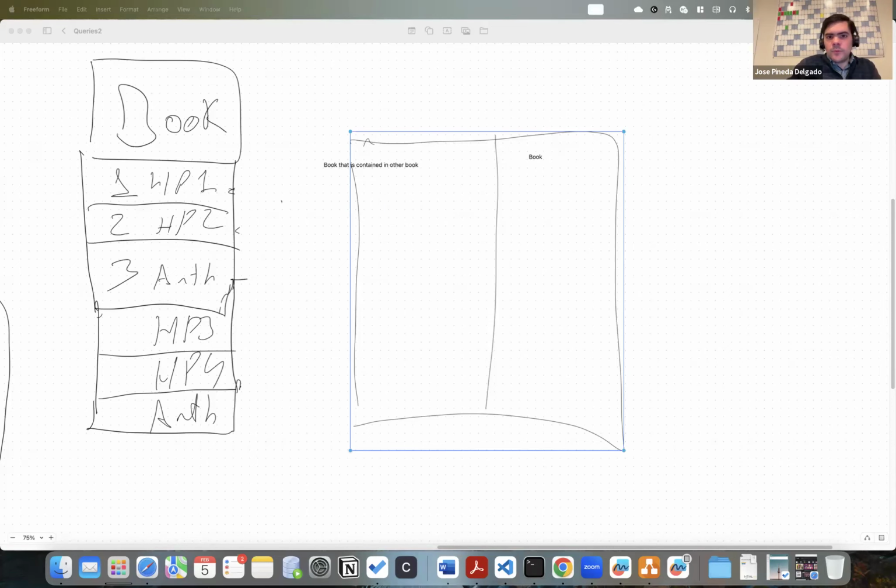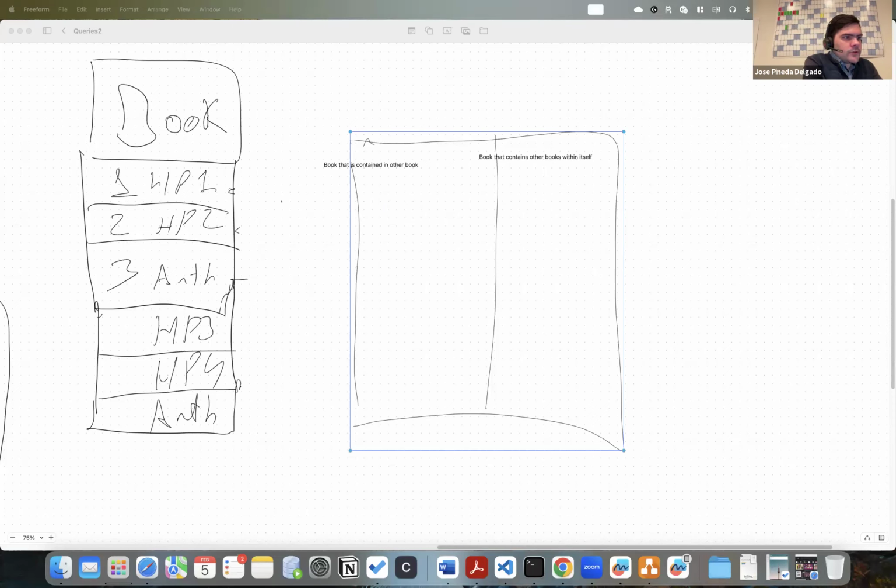And this is going to be the book that contains other books within itself. We can typically make something like this to simplify things. Why? Because it will let us make a record of the matches.